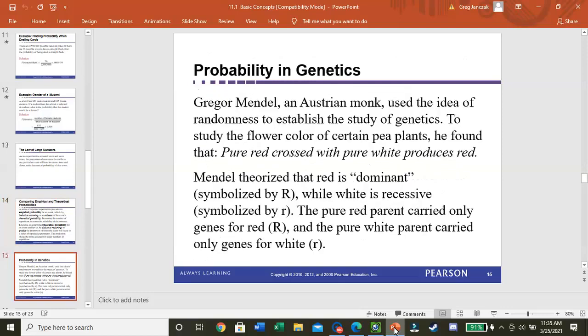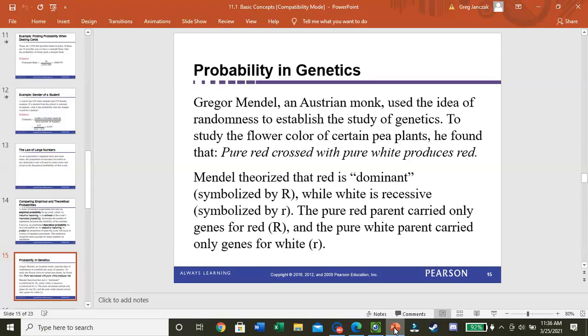All right. Genetics: an Austrian monk, Gregor Mendel, looked at pea plants, and some were red and some were white, and he was able to discover the theory of genetics from it, where he symbolized red with a capital R and the white flowers with a lowercase r.